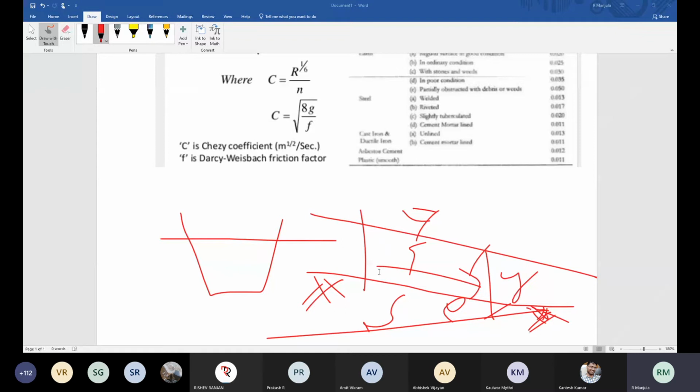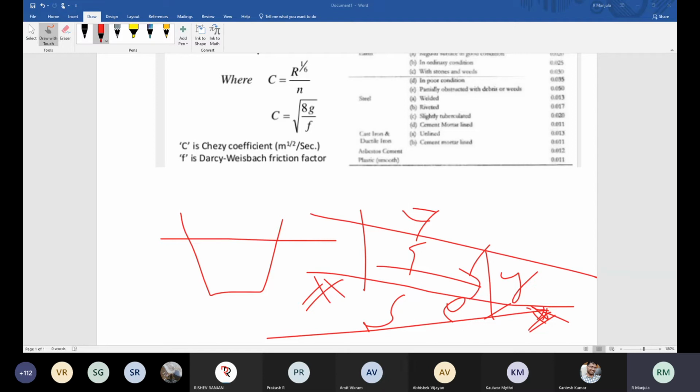Now we will see one problem in this. Then what is meant by critical flow?